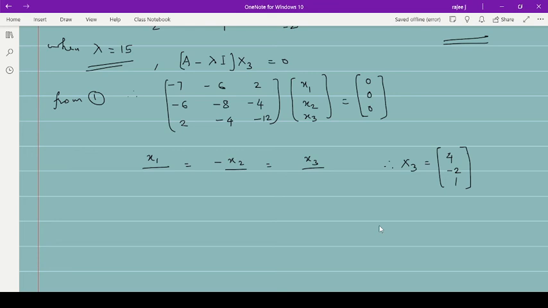What if you got like that? The order may be here and there, depending on the equations you are taking, but the final will be the same. Ma'am, 2, minus 2, 1. Anyone else? Any other answer?